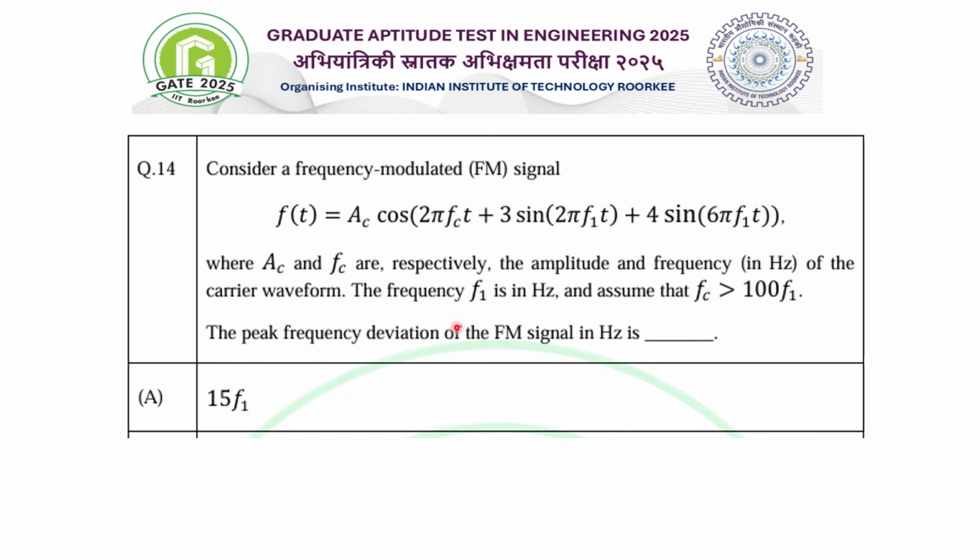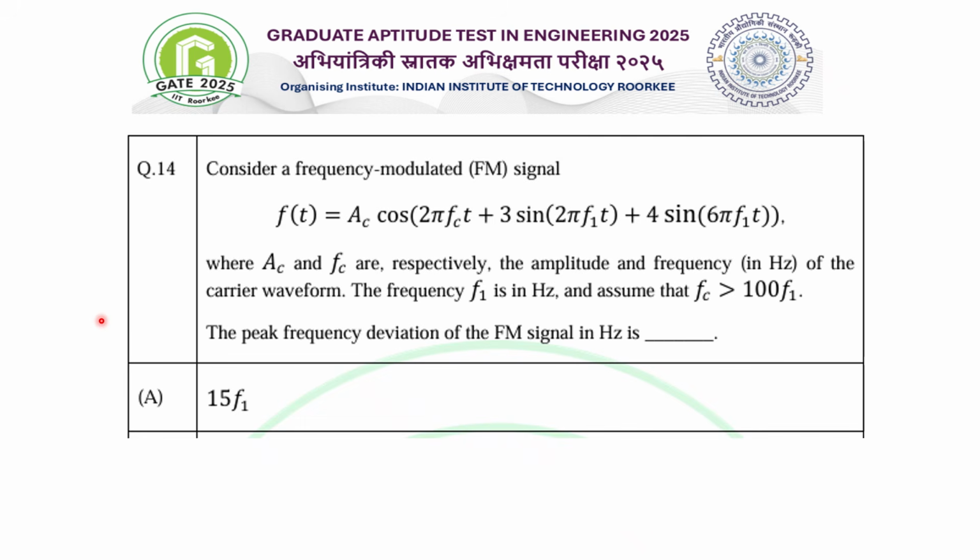The frequency f1 is in hertz. Assume fc is very high compared to f1, that is the message signal. The question being asked is what should be the peak deviation of the FM signal, right?